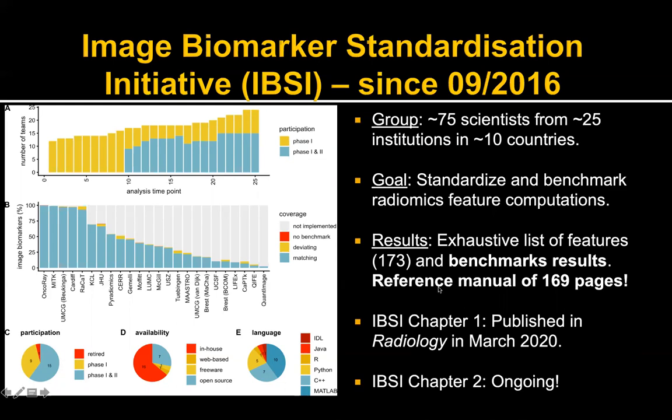And this is all basically detailed, the way to compute features, the way to report how those features were calculated. It's all detailed and summarized into a reference manual of 169 pages. It's quite exhaustive there.